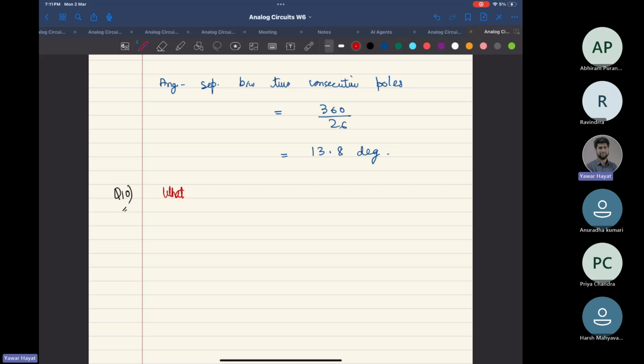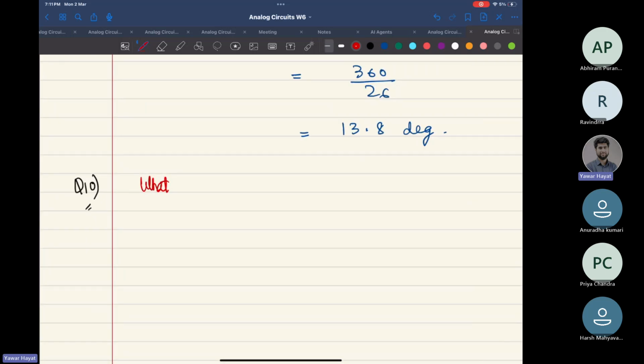So the last one I want to take up is the 3 dB cutoff frequency omega. How much is that?